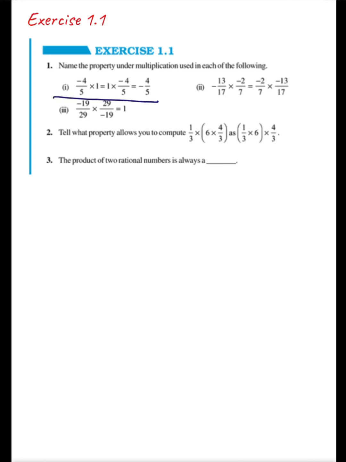The first question is: minus 4 by 5 into 1 equals 1 into minus 4 by 5 equals minus 4 by 5. That means what? Here you are multiplying with 1, and you are getting the same number itself as the result.